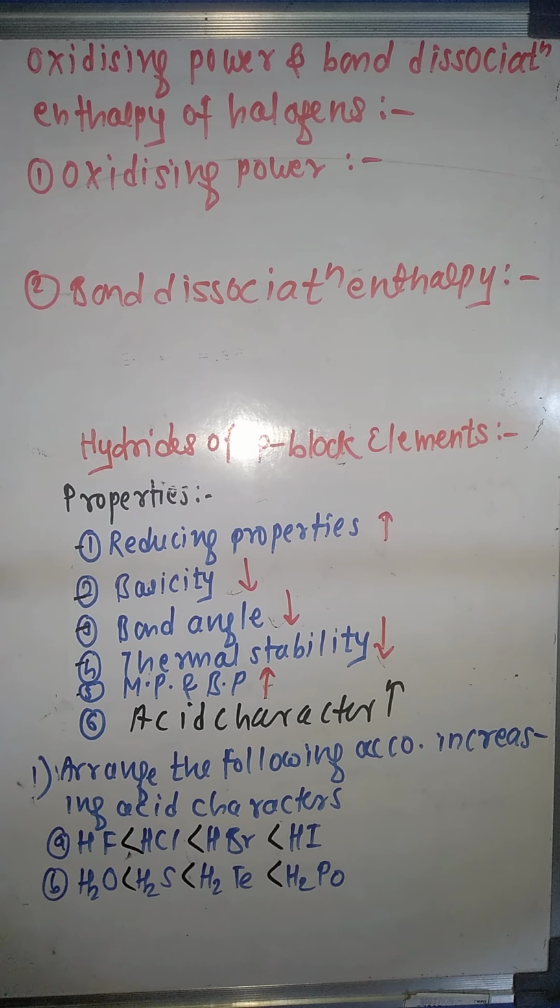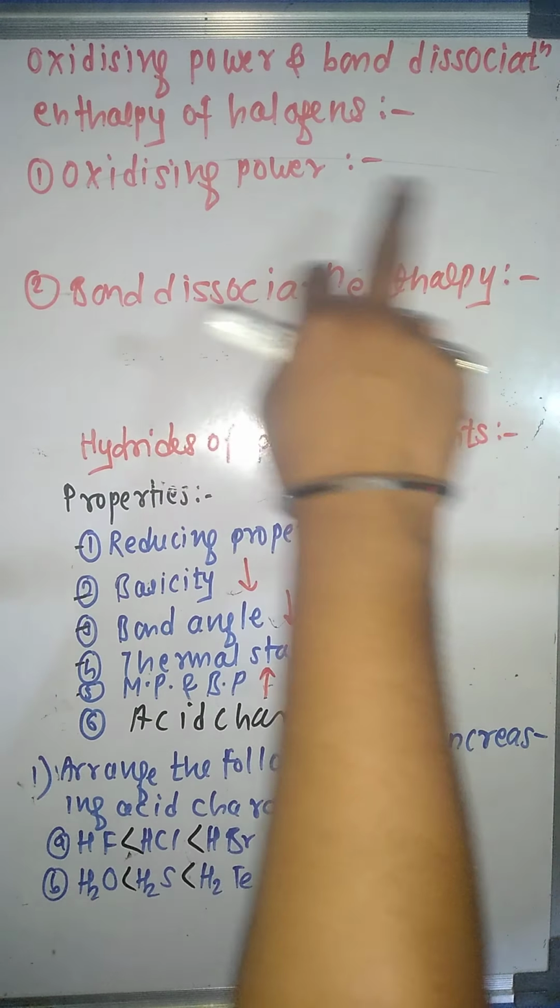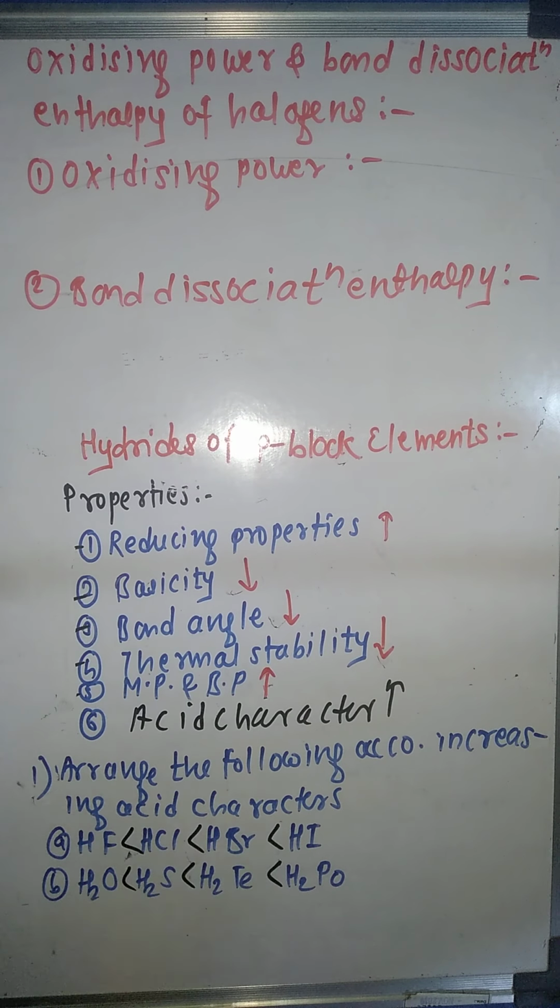Now one more thing we are going to see in this lecture, that is oxidizing power and bond dissociation enthalpy of halogens. Guys, remember the question may be asked: arrange the following molecules according to their increasing oxidizing power, decreasing oxidizing power, increasing bond dissociation enthalpy, decreasing bond dissociation enthalpy.